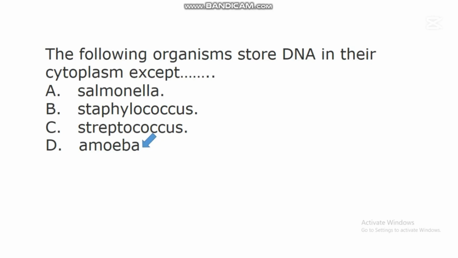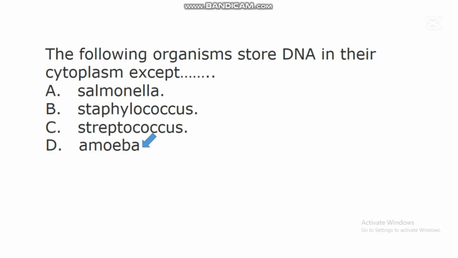Research has shown that bacteria also have genetic material known as DNA, but because they don't have well-defined nuclei, their DNA is scattered within the cytoplasm. Salmonella is an example of a bacterium.